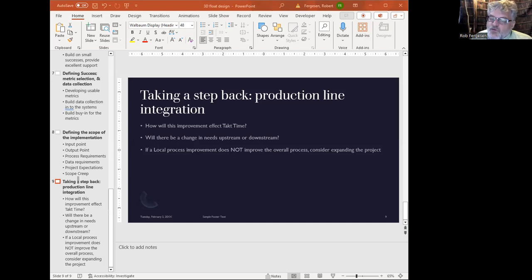And so if your takt time suddenly gets twice as fast, but your customers aren't demanding that product twice as fast, you have a mismatch in takt time. You can't just plug it in and go. You've got to address the upstream and the downstream problems if you're improving one point in the overall process flow.